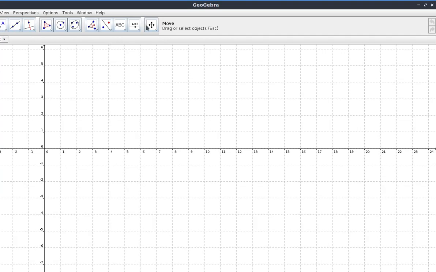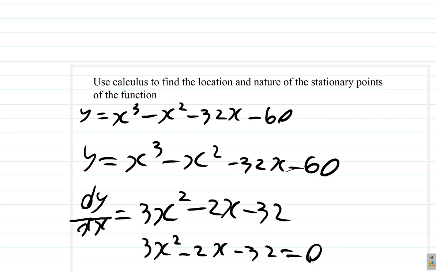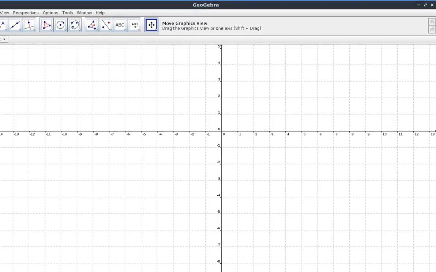Let me set this up. So we have x raised to the power of 3 minus x raised to the power of 2, so that's x cubed minus x squared, minus 32x minus 60.